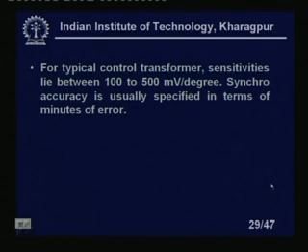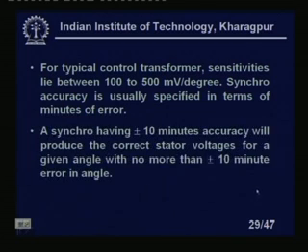For a typical control transformer, the sensitivities lie between 100 to 500 millivolts per degree. Synchro accuracy is usually specified in minutes of error, as you know 60 minutes equal 1 degree. A synchro having plus minus 10 minutes of accuracy will produce the correct stator voltages for a given angle with no more than plus minus 10 minutes of error signal.